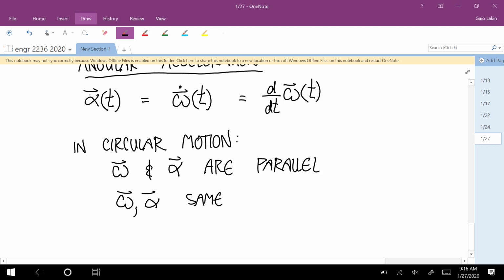They can either be in the same direction or they can be in opposite directions. If they're in the same direction, that means that the rotations are speeding up.